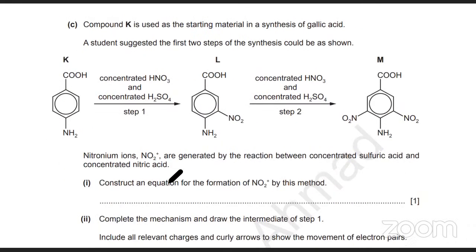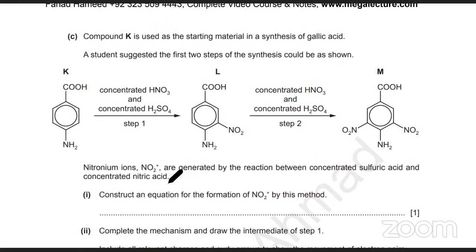As I play this one, this compound K is your starting material for the synthesis of gallic acid. A student suggested the first 2 steps of the synthesis for this reaction. First one, construct an equation for the formation of the NO2+ ion.